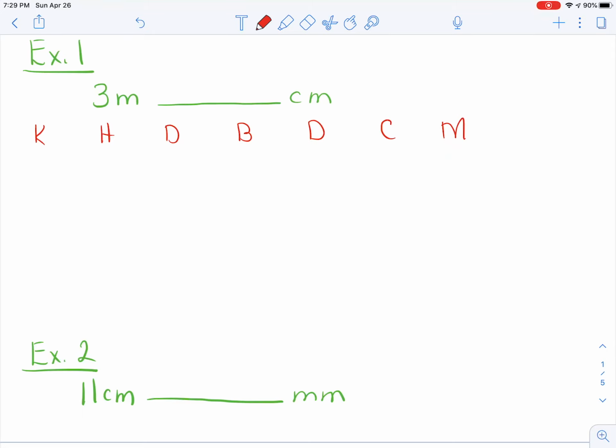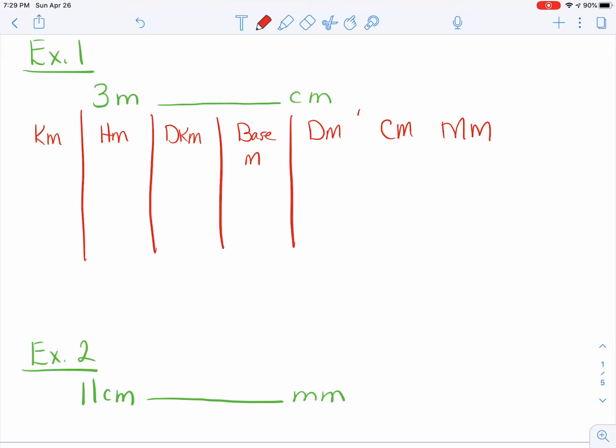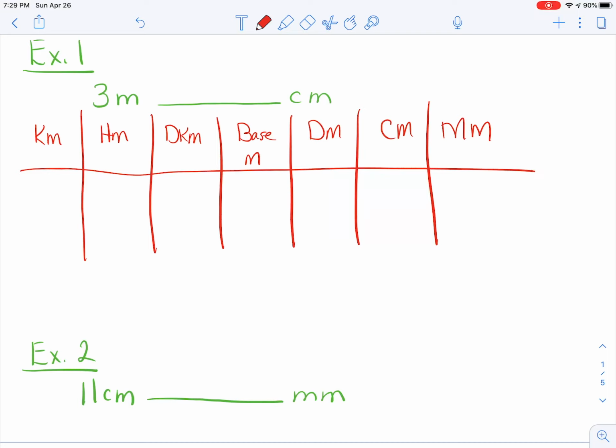Meters is my unit, so it's going to be km, hm, dkm. Remember, these are my base units, so this is just going to be meters, decimeters, centimeters, millimeters. And then I can quickly draw me a little chart. And I'm starting at 3 m, which is meters.